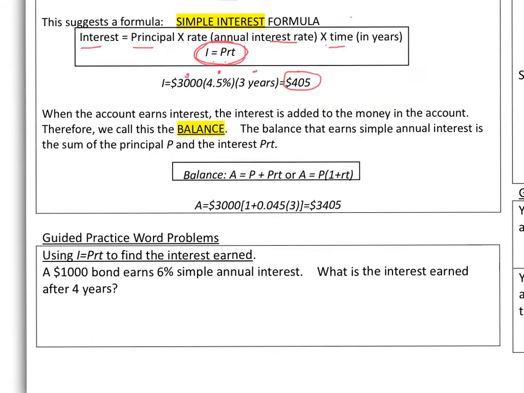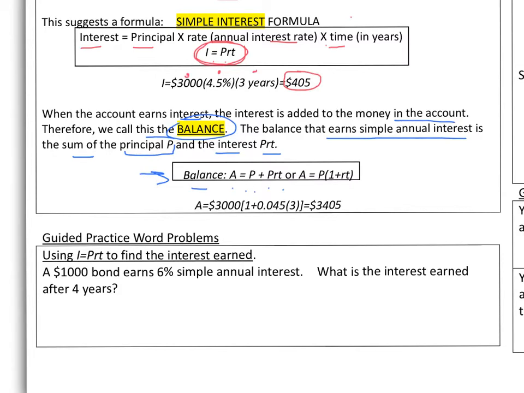When the account earns interest, the interest is added to the money in the account. Therefore, we call this the balance. The balance that earns simple annual interest is the sum of the principal, P, and the interest, PRT. So we have another formula: A, that stands for balance, equals P plus PRT.